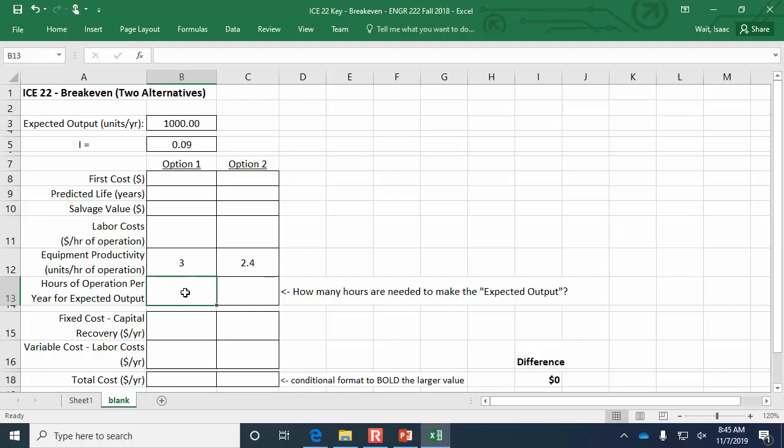So this is how many hours do you need to operate in order to make 1,000 units. So you're going to need fewer hours with the computer-controlled equipment. You're not going to need as much time to make that same 1,000 units.